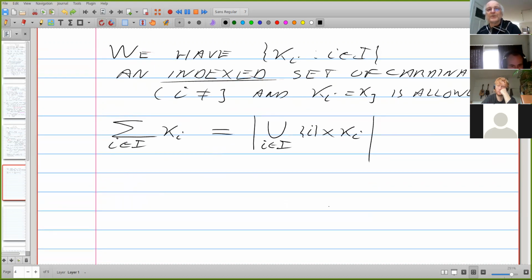We take a disjoint union of our set of cardinals, determine the cardinality of that, and that is by definition the sum of the cardinals. Okay, more for comic effect than anything else. What's the product of the cardinals? Well, it is the cardinality of the product.